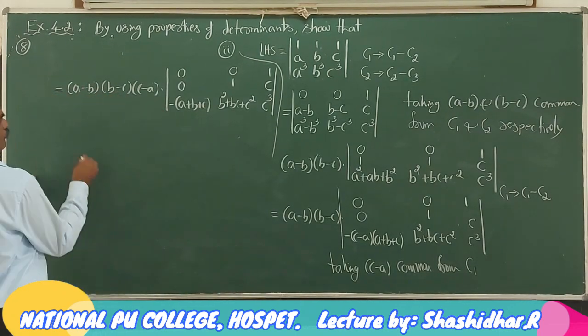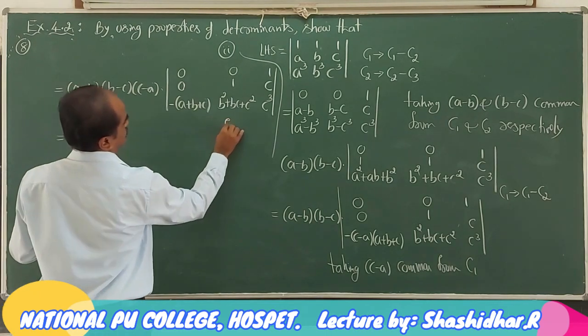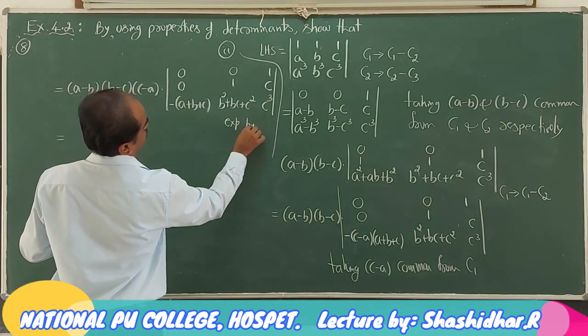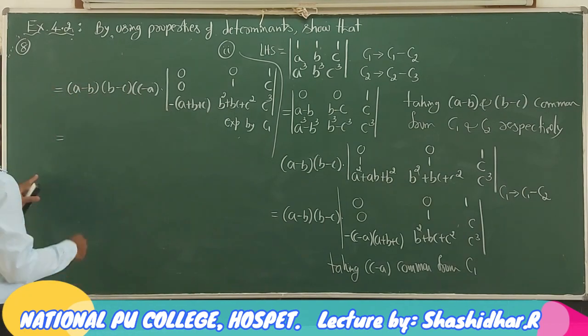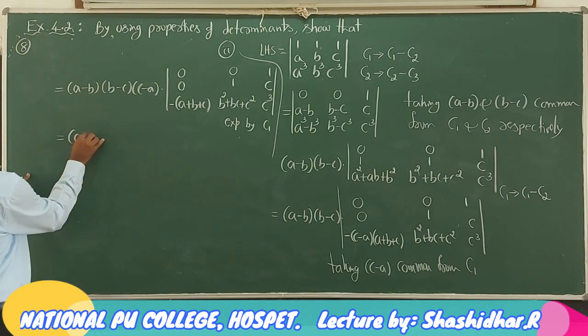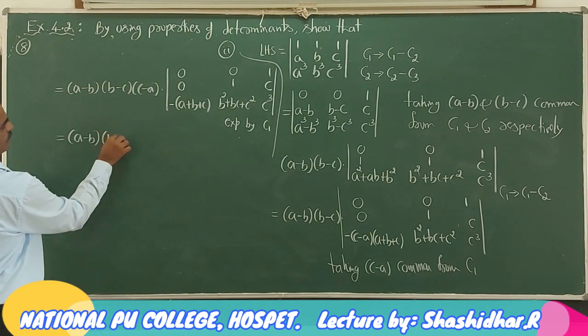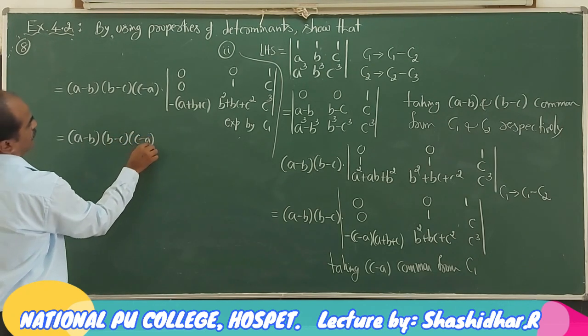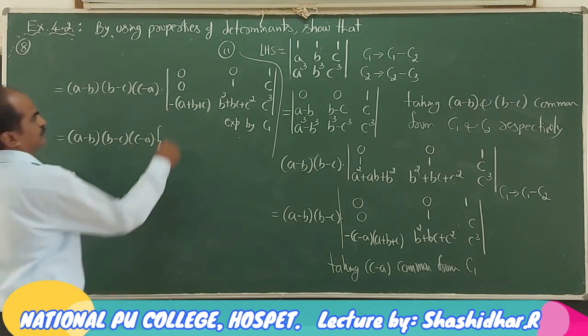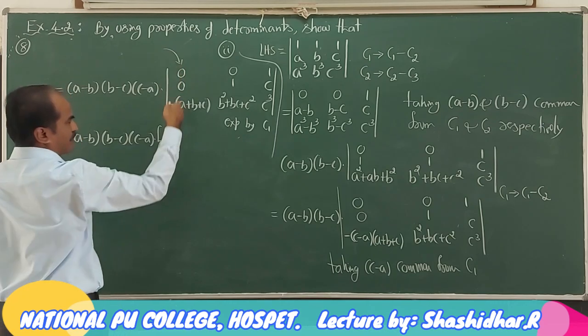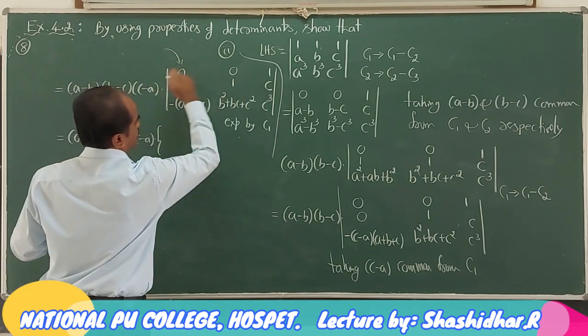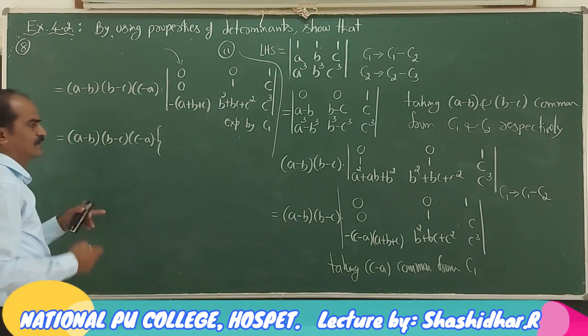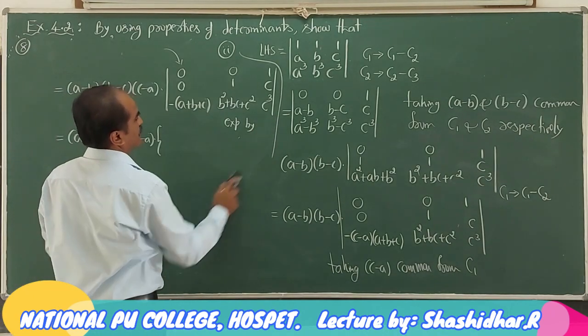Now I expand this C1. It is A minus B into B minus C into C minus A into, either you can expand by first column or even first row because two zeros are there. Okay, let me expand by R1.